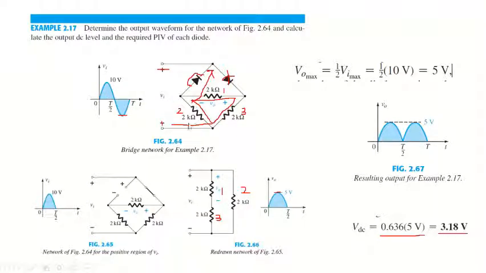For the upper cycle we get the positive lobe, and for the lower cycle again we get the positive lobe, with the average DC value of 3.18 volts.